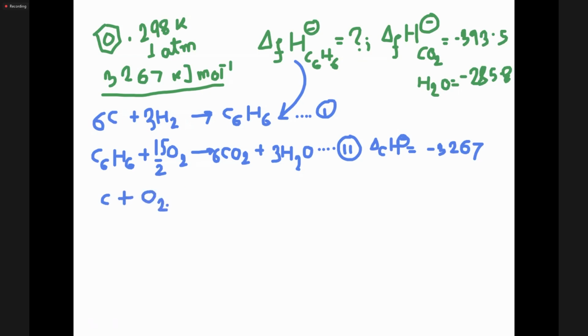C plus O2 produces CO2. That is the enthalpy of formation of CO2 in the standard state. You see, for carbon, the elemental state is this one, and for dioxygen it is O2, and both, if combined, produce 1 mole of CO2. And that for water is also very simple. For water, it is H2 and we have O2, which produces H2O.